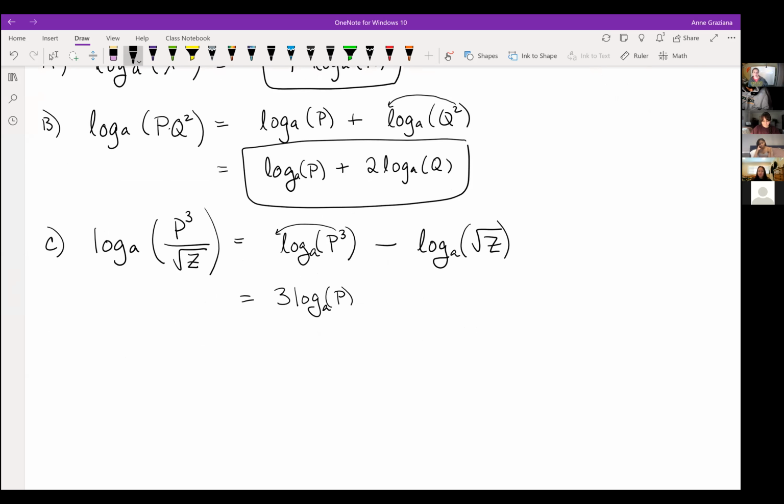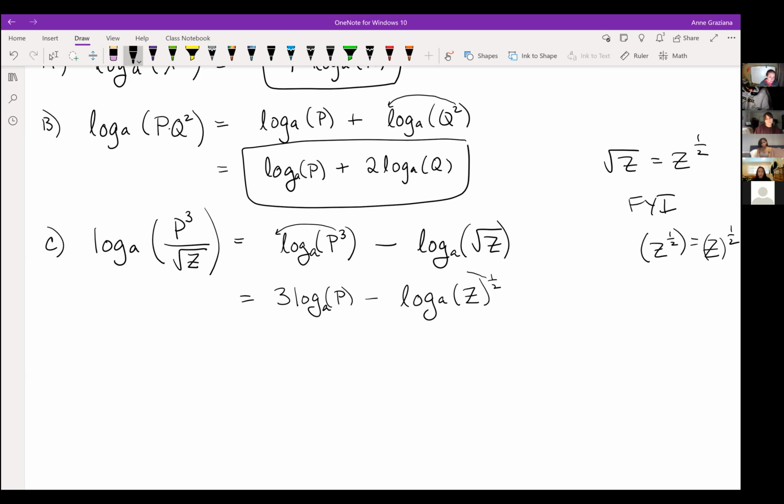Now the thing is that square root of Z, remember, square root can be written as Z to the 1/2. So we can write this as log base A of Z to the 1/2. And then we have an extra little step of bringing that exponent down.